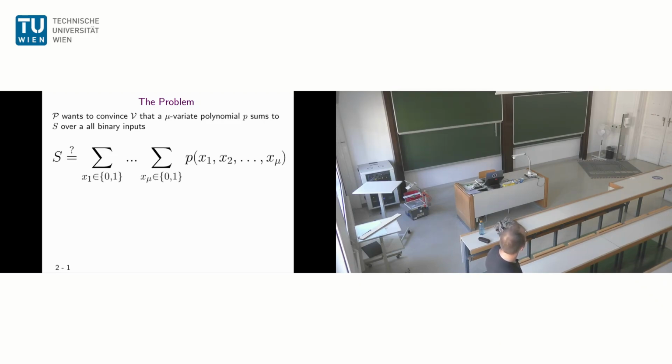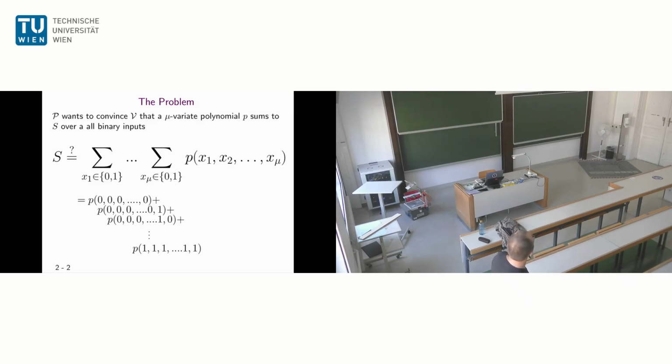If we expand that, it's just the combination of all different binary inputs you could feed into this polynomial. So we have 2 to the mu many different summations to do here, exponential in the dimension parameter mu. Keep that in mind: this mu will be the dimension for the whole talk.